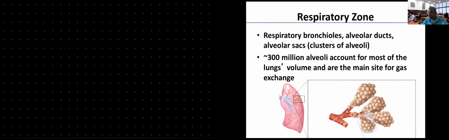Moving on to the respiratory zone. The respiratory zone includes the respiratory bronchioles, alveolar ducts, and the alveolar sacs. Alveolar sacs are, as you see, clusters of alveoli.